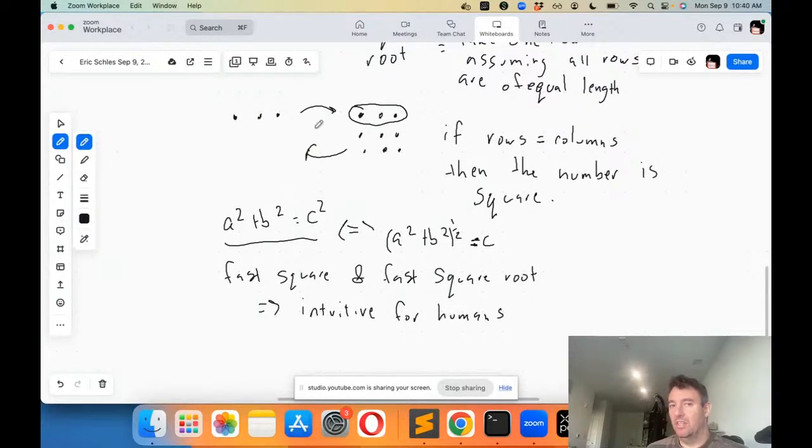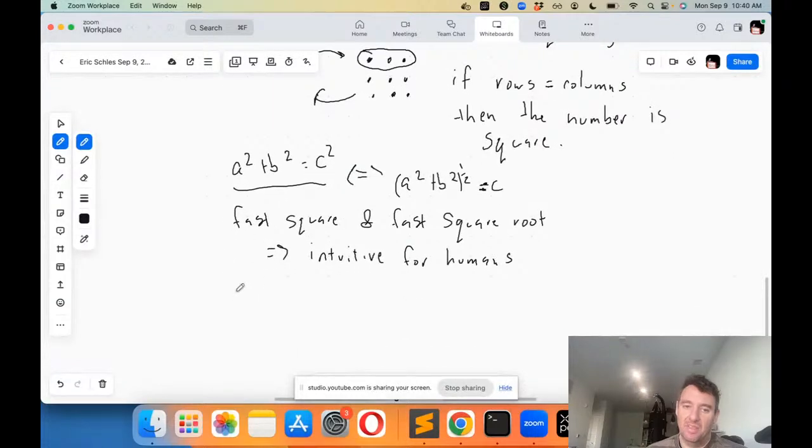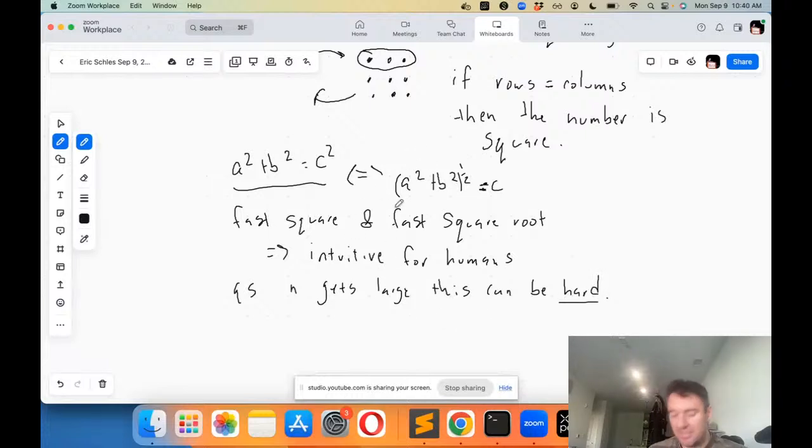You can just do this really quickly, and you can gut check it for small numbers really fast. Now, obviously, as your numbers get big, as n gets large, this can be hard. But for small numbers, this is really, really fast.